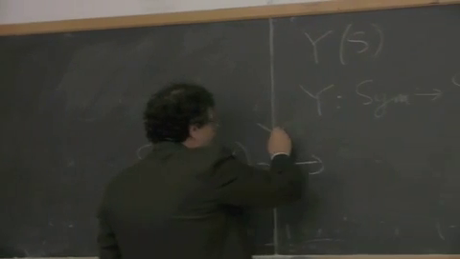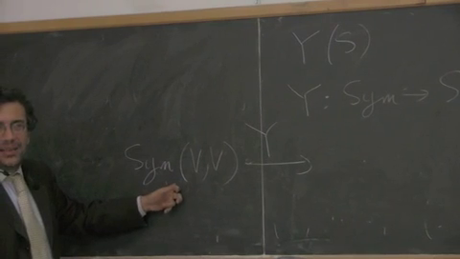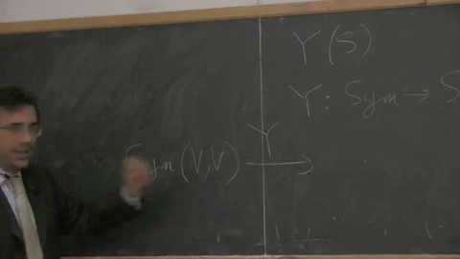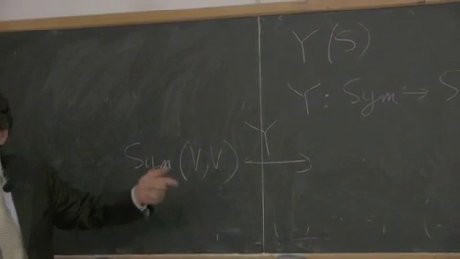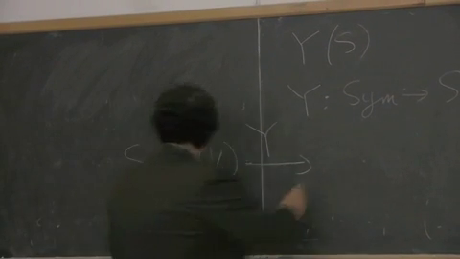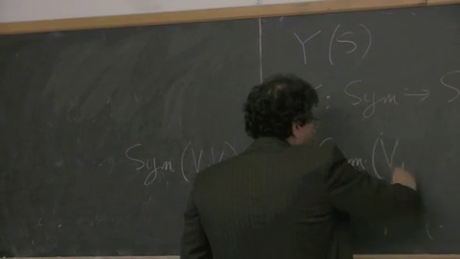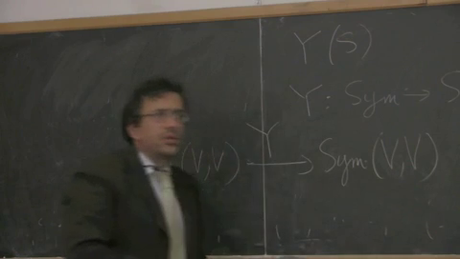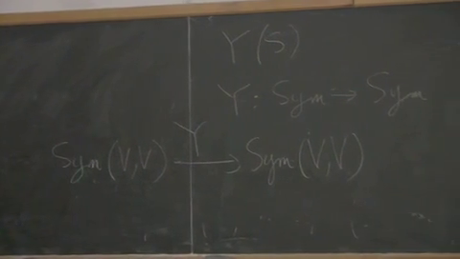And then you have a map which takes any element in Sym(V,V) and it maps it onto another. So if you don't use the right symbols and you use the wrong words, you risk to be lost.